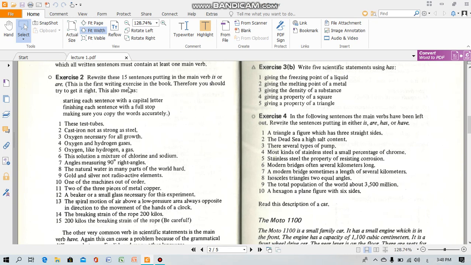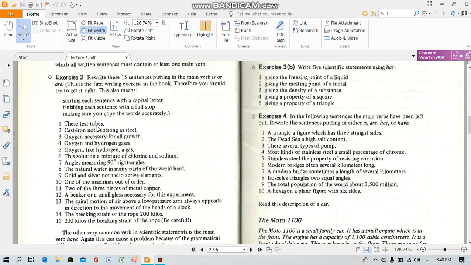This is the first writing exercise in the book. Therefore, you should try to get it right. Do you know why he put this condition? Because you are writing. When you are writing, you can collect all the information that you want and put it in the correct form.